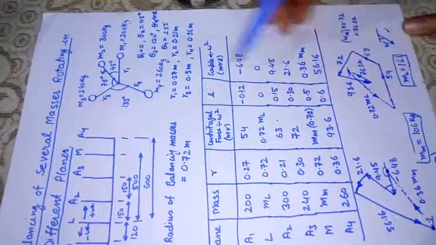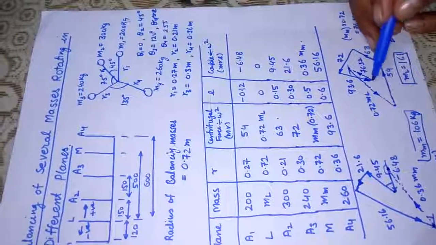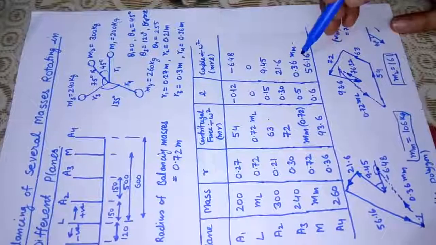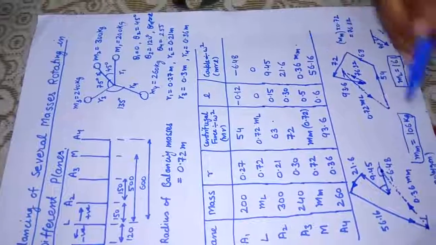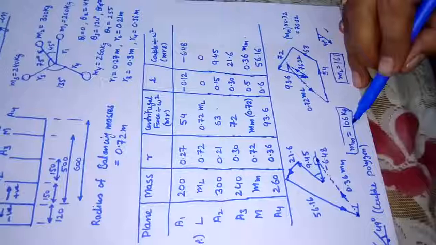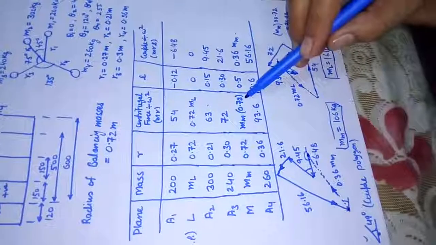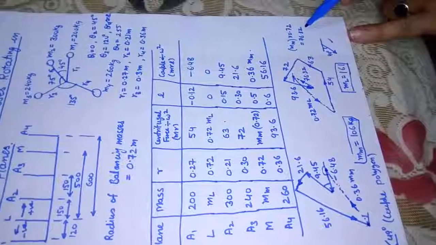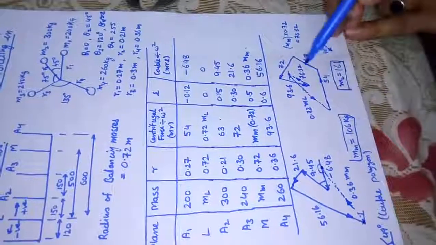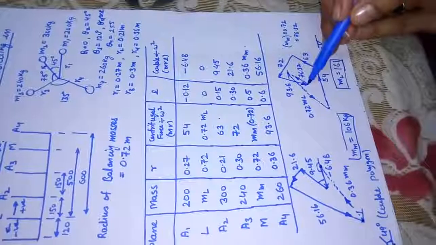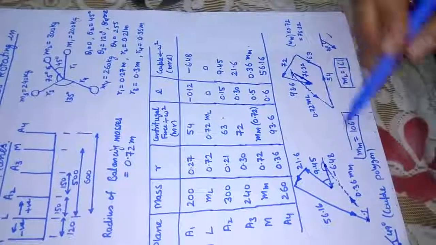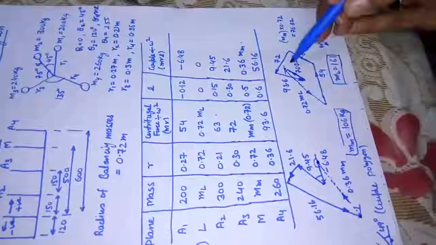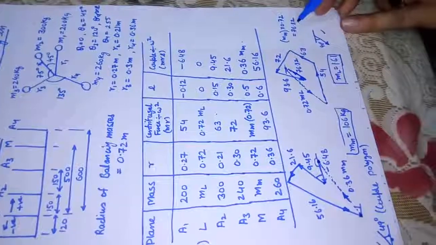Then 93.6 parallel to A4, all positive. Then after this we have obtained the value of mm. As we have obtained the value of mm, we know that 0.72 into mm is going to be 76.32. So we'll make 76.32 like this, parallel to what we have obtained from here, and the magnitude is 76.32.